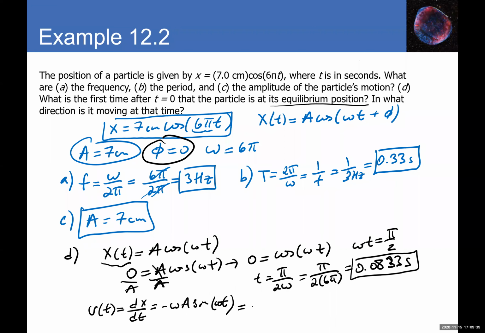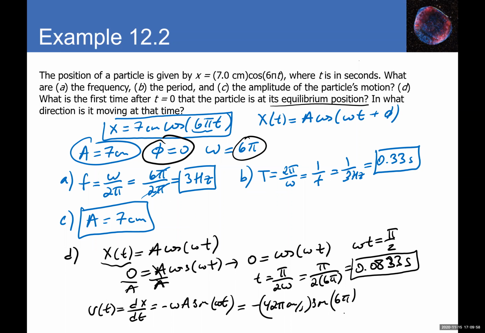Omega is 6 pi, so 6 pi times 7, well, it's 42 pi, in centimeters per second as units. And then we have sine of, again, 6 pi t.